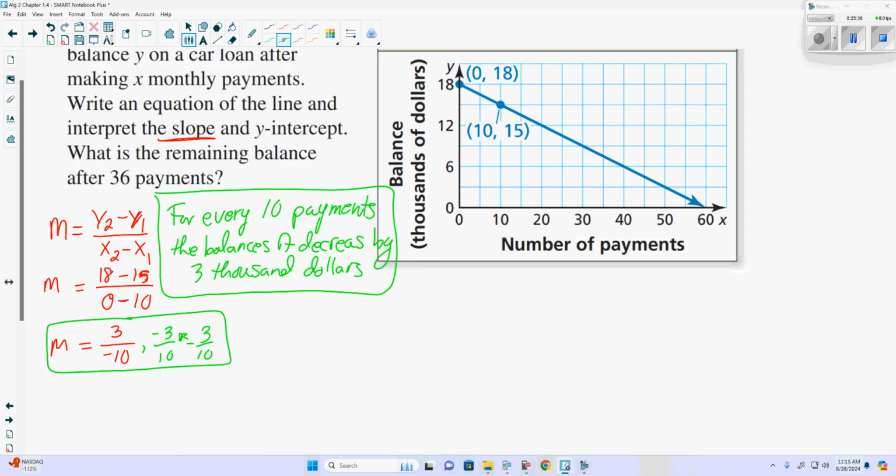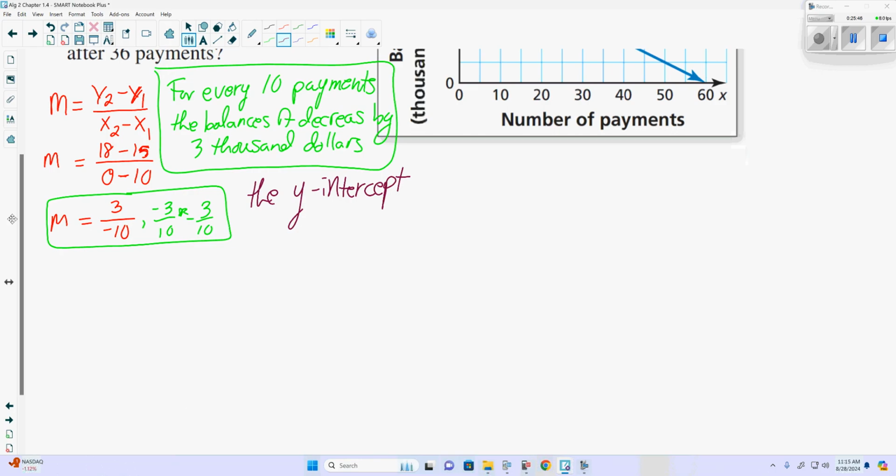Now, I also wanted the y-intercept. Now, the y-intercept is what? It's the original amount owed. Because that's what it started out.